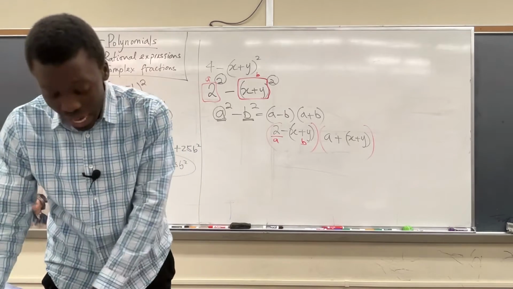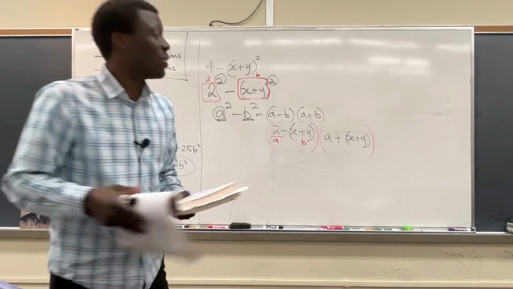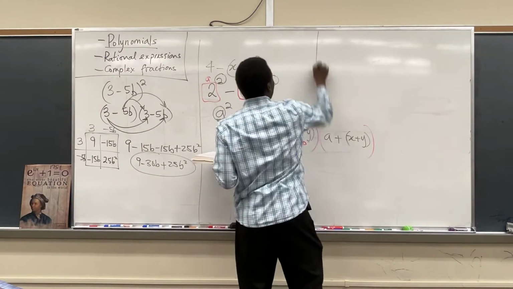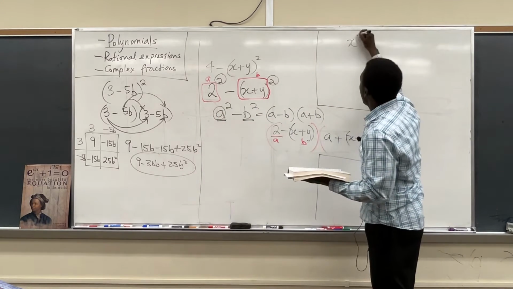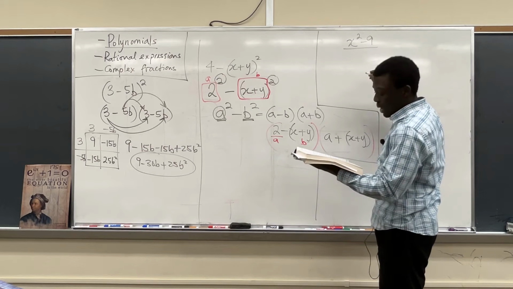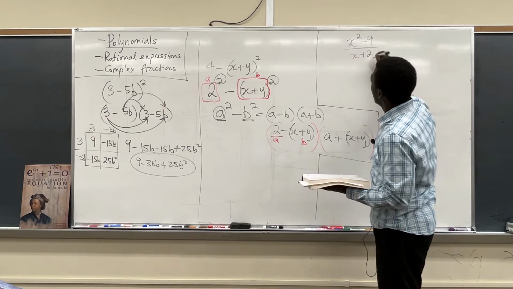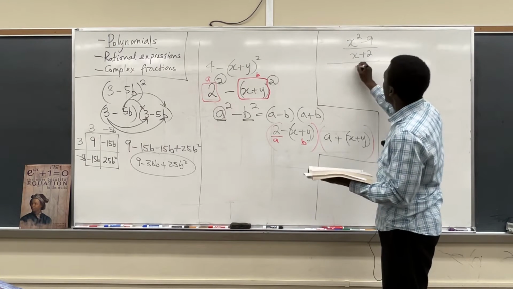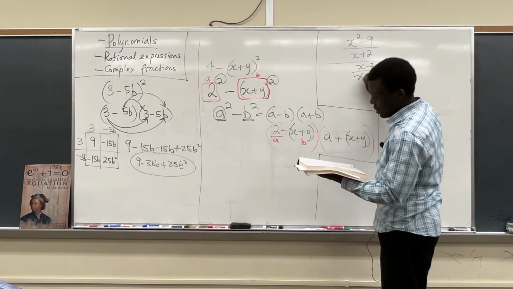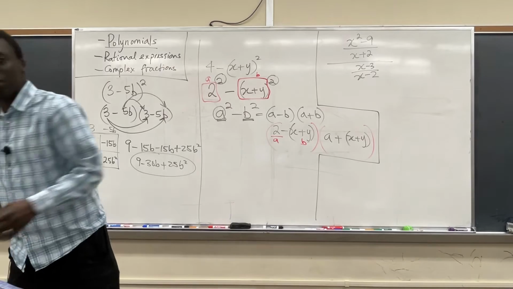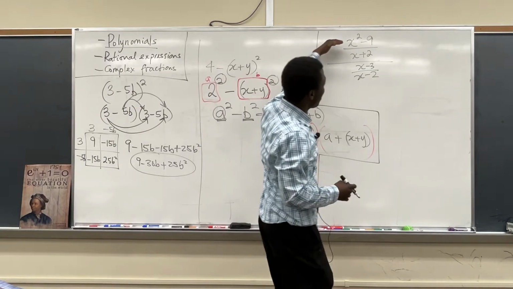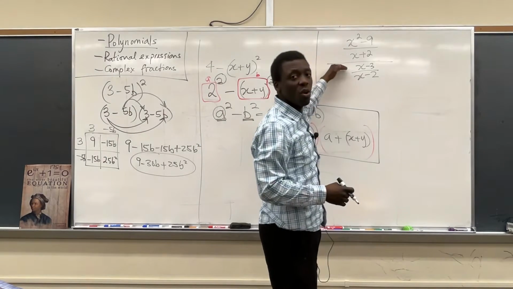Okay, now let's do an interesting one with the difference of two squares and a complex fraction. So if we have a complex fraction like (x squared minus 9) divided by (x plus 2), divided by (x minus 3) over (x minus 2). Remember we talked about complex fractions before. With complex fractions, the idea is, imagine if you have A over B over C over D, right?